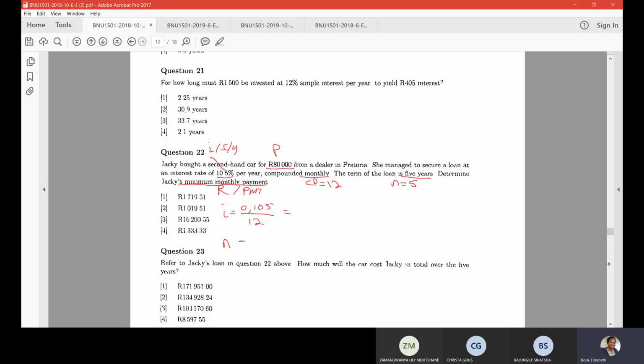And your N, you should calculate it by saying 5 multiplied by 12. And you need to calculate the present value of an annuity, which is to calculate R, which is 1 plus I to the power N minus 1, divided by I times 1 plus I to the power N.